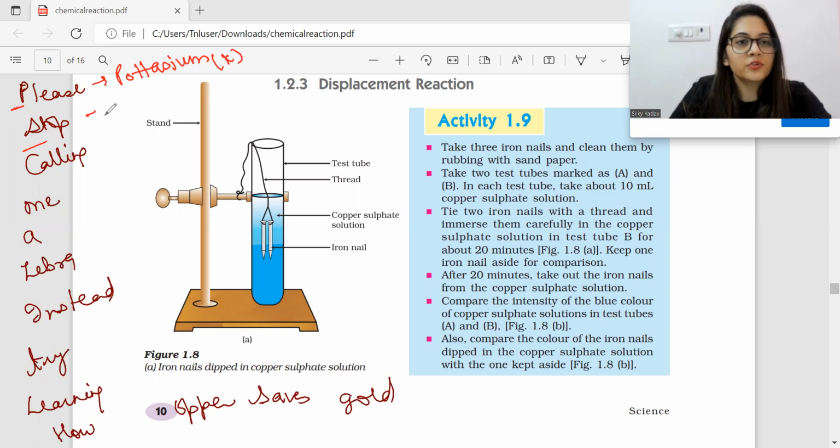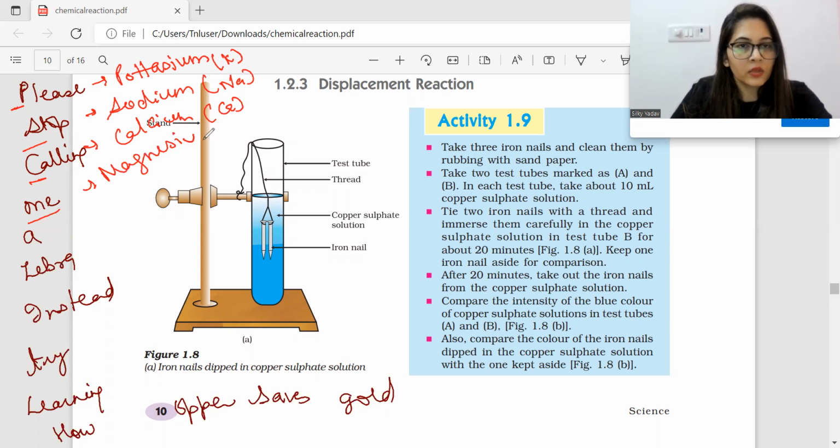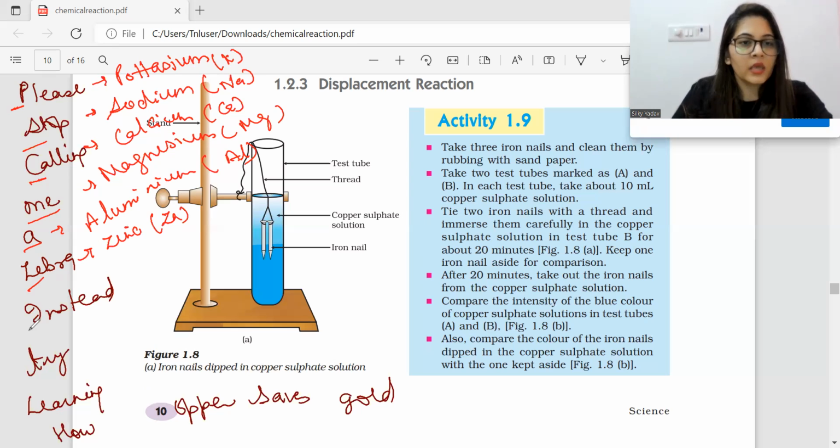And now from this, the trick is there. P is for potassium, the symbol is K. S is for sodium, and the symbol for this is Na. Ca is calcium, and the symbol is Ca. M is for magnesium, that is Mg. A is for aluminium, which is Al. Z is for zinc, which is Zn. I is for iron, which is Fe.